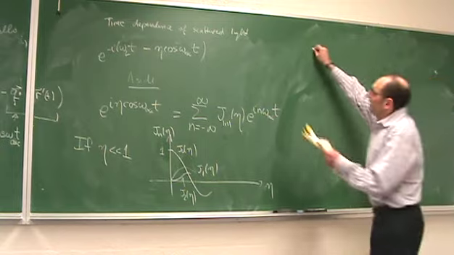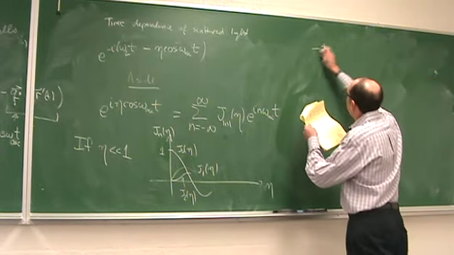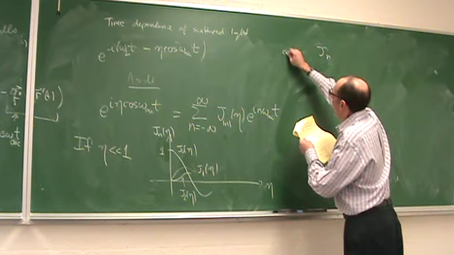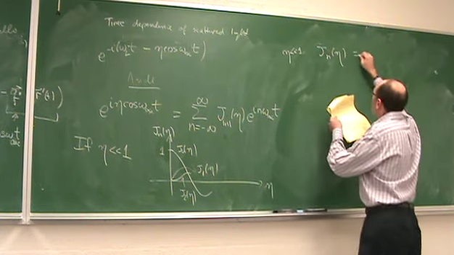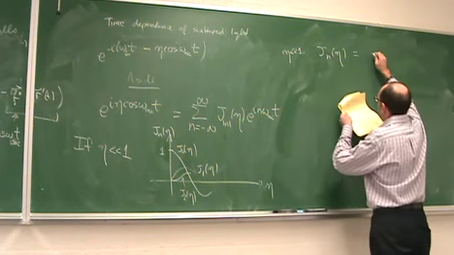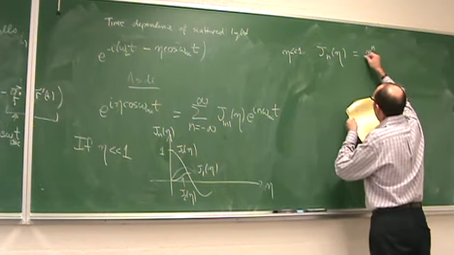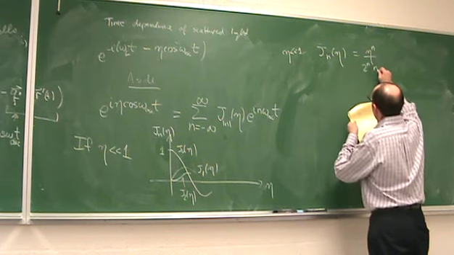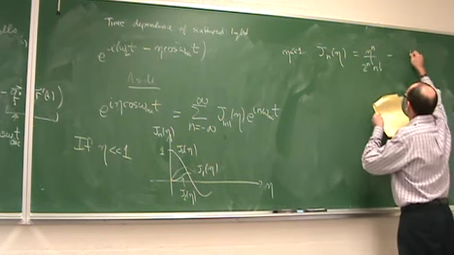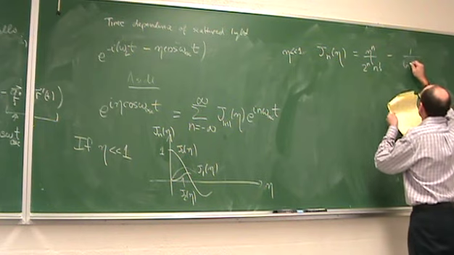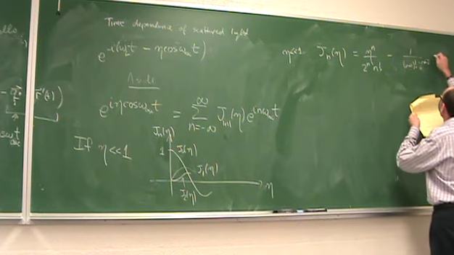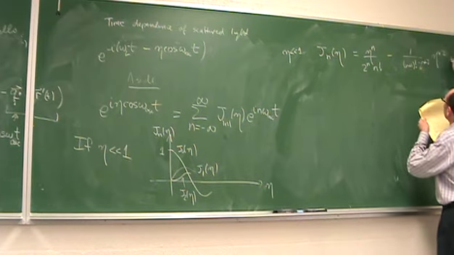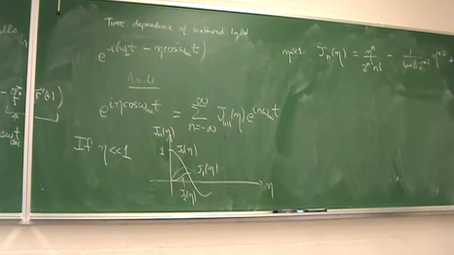In fact, looking this up, for eta small compared to 1, the Bessel function is eta to the power n, over 2 to the n, n factorial, minus 1 over (n plus 1) factorial, to the n plus 2, eta to the n plus 2, plus higher order terms in the Taylor series expansion.